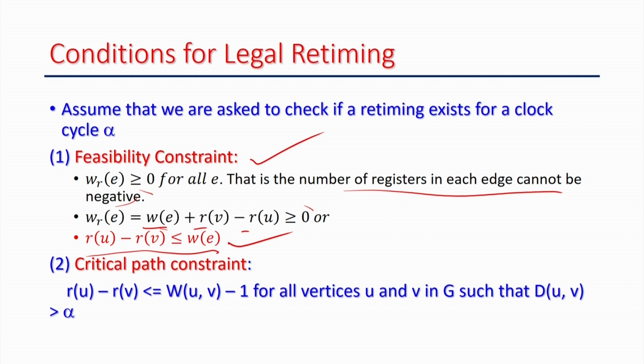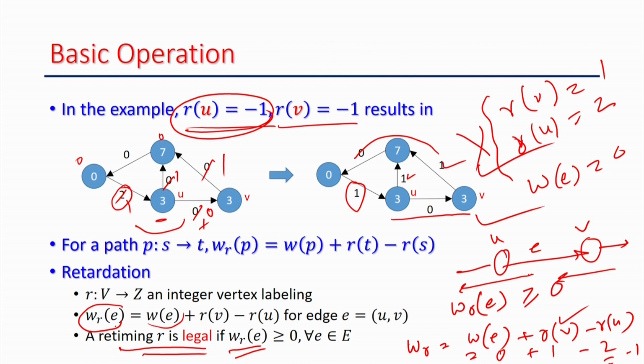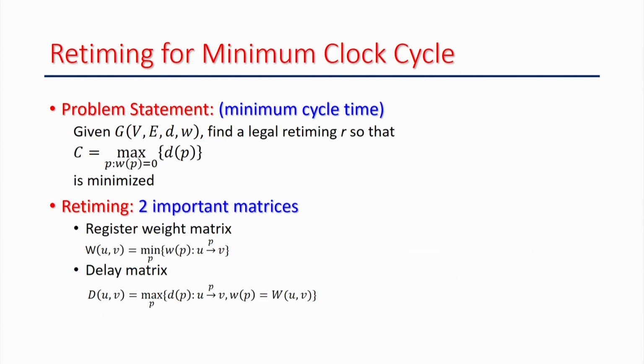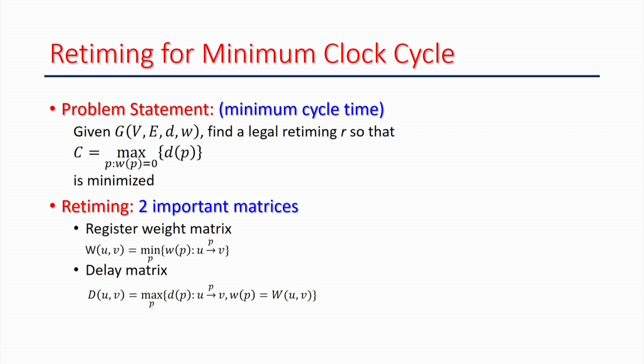So, that will be restricted by this constraint. Okay. So, next is called the critical path constraint, that I am going to come to after we discuss, before that, two important parameters, this W and D. Okay. This is used in the second constraint. So, let us discuss that.